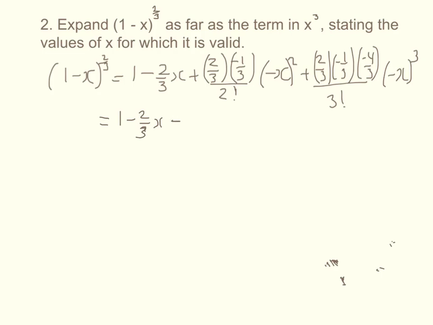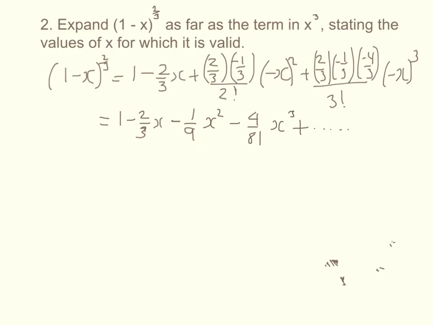So we've got 2/3 times 1/3 gives us 2/9, and then that's divided by 2, so it's 2/18 or 1/9 of x squared. And this last one, you'll have to take my word for it, is going to be minus 4/81 of x cubed. You can check that on your calculator. So we've expanded as far as the term x cubed. I always like to put some dots to show that isn't the end of it.